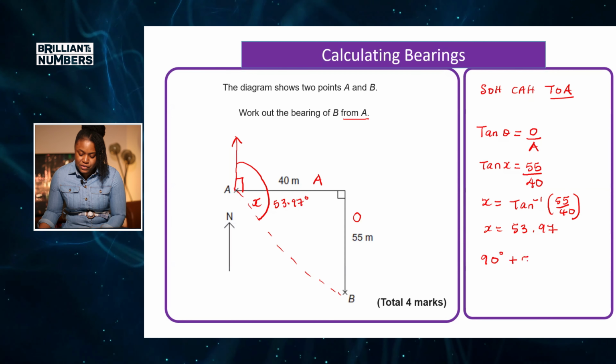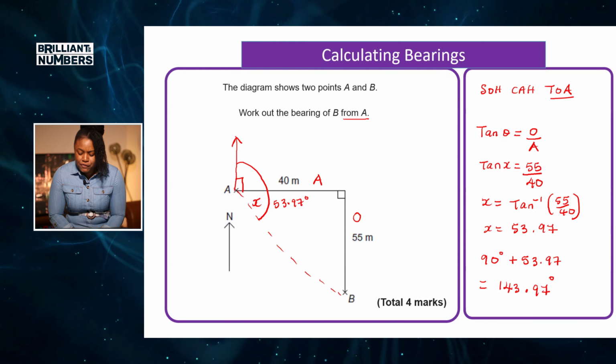I'm just going to add 90 to my answer already in my calculator, and my final answer is 143.97 to 2 decimal places, and the degree of accuracy is degrees.